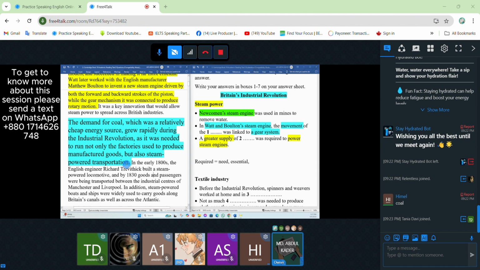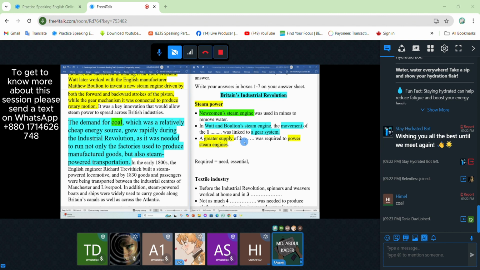So basically at that period of time, coal, yes, a greater supply of coal was required to power steam engines. So here I think the correct answer is coal. So for question number 2, the correct answer is coal. Why?